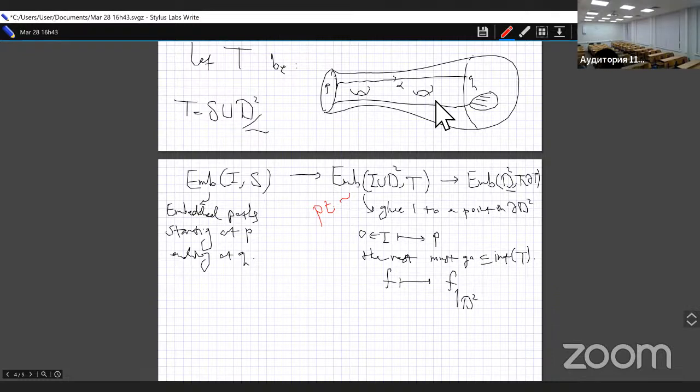Even so, we can just shrink everything. What do you mean shrink everything? Well, I think we don't want to consider all embeddings. We only want to look at those such that the restriction to I is homotopic to alpha or something like that.